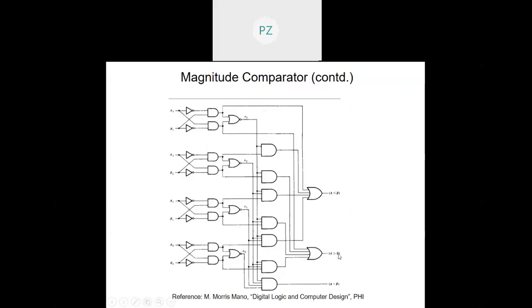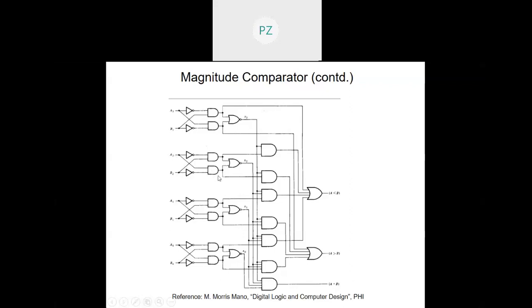A greater than B likewise is either A3 B3 dash, which is here, or x3, you see, this is x3, and A2 dash B2.